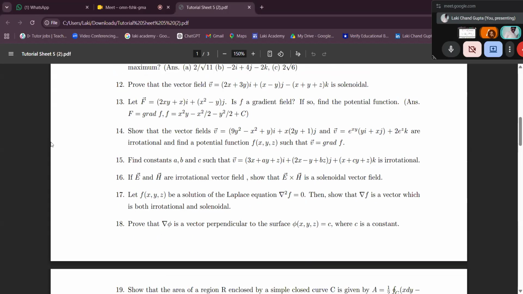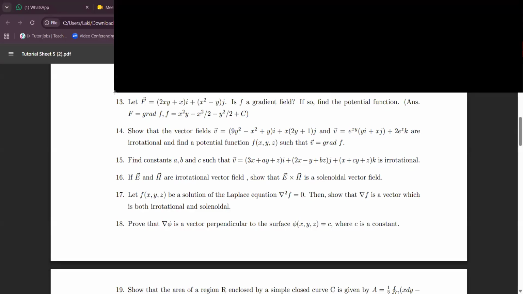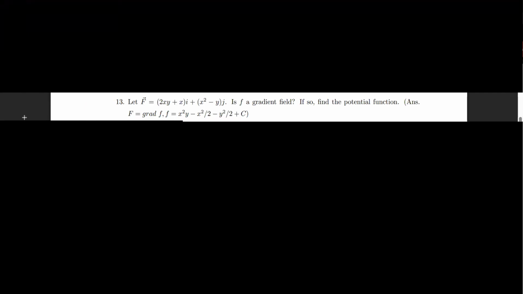Question number 13 and 14 are based on scalar potential, right? See, in question number 13, a vector f is given: (2xy plus x) i, (x square minus y) j.